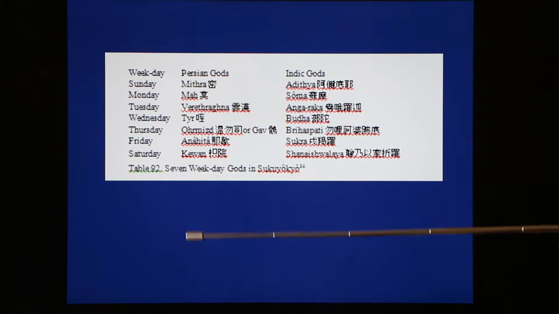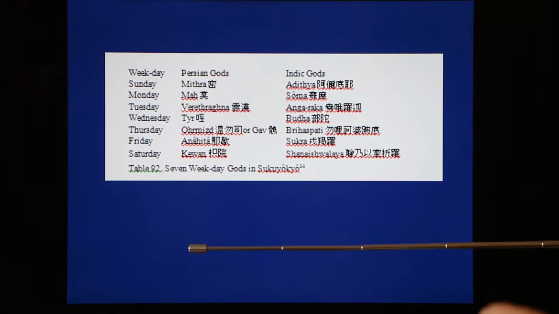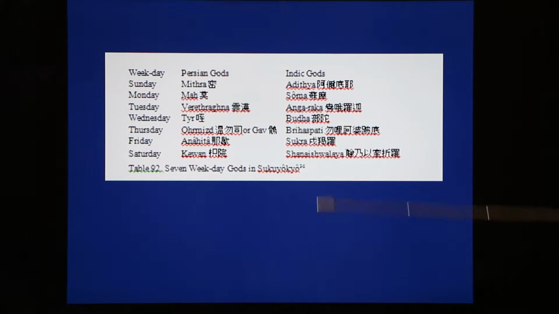And in the lecture on the influence on Earth, I showed you that there were connections between the days of the week, the planets, and the letters, BGD, KPRT. Well, here are the Indic gods, so Aditya, Soma, Angaraka, Buddha, Brihaspati, Shukra, and Shanis.